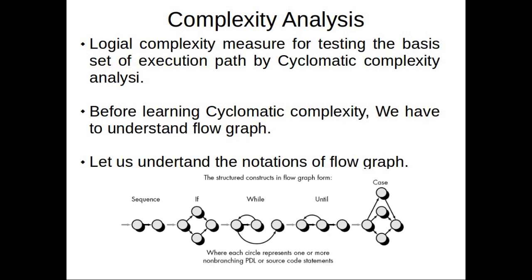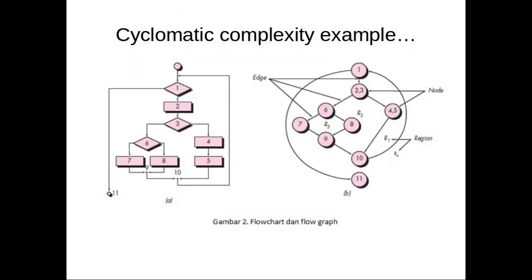Using these structured program construct symbols, we can form a flow graph. This figure maps a program flow chart into the corresponding flow graph. We assume that no compound conditions are contained in the decision diamonds of the flow chart.